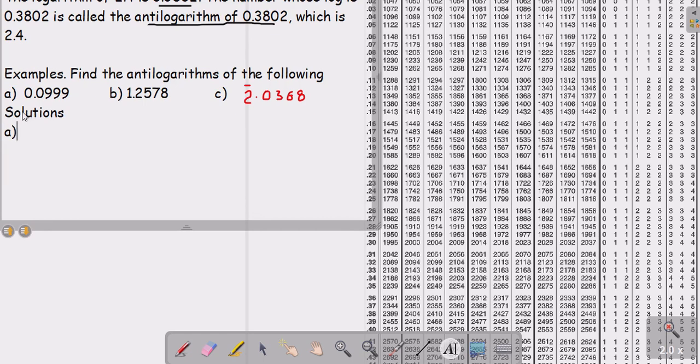Part A, we want to get the antilog of 0.0999.